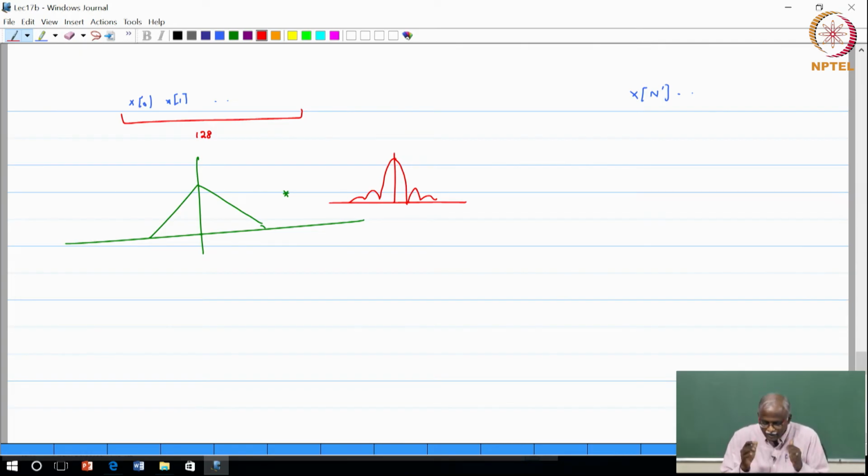If I look at it from a filtering point of view, the minute you have multiplied the rectangular window, I have modified my input sequence. And then I take this sequence and compute the DFT. But ultimately what are we trying to do? I am trying to get the spectral components of the input signal. That is the ultimate aim.